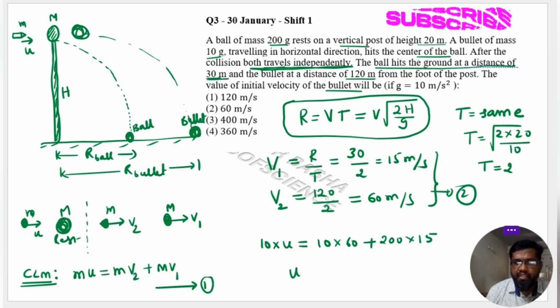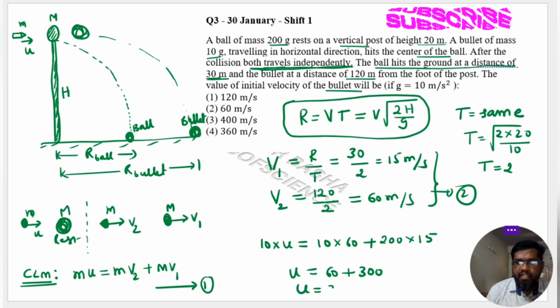From here u is equal to, 10 cancels, 60 remains; 10 cancels, 20 times 15 will be 300. So the answer is 360 meters per second.